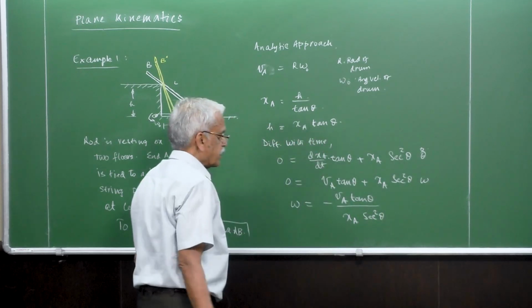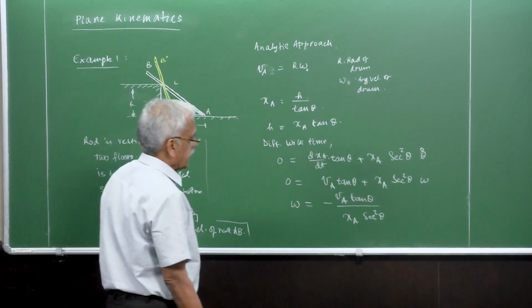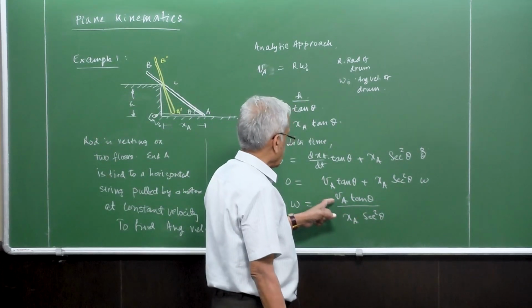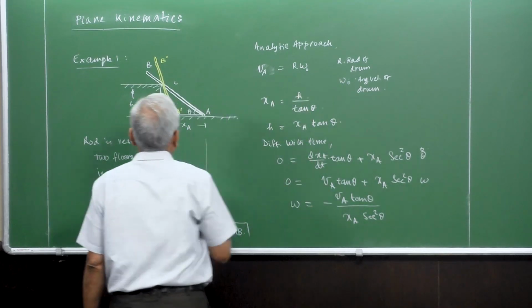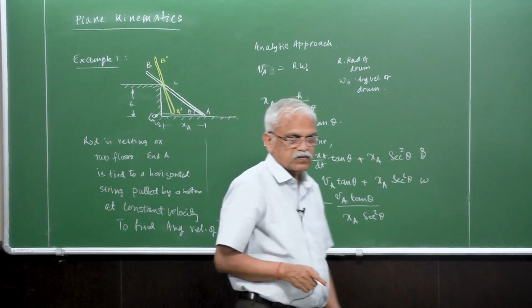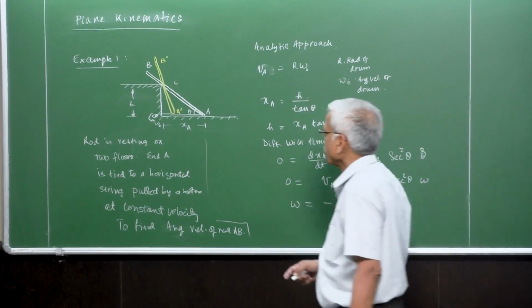So at any particular time, we know the theta value, and then you substitute that here, and you know the velocity here. In fact, we should also be consistent with the positive directions.